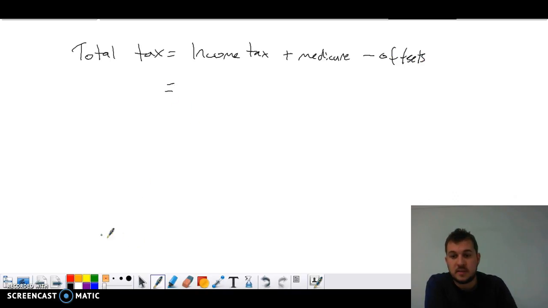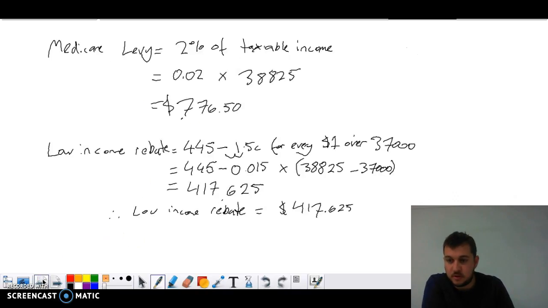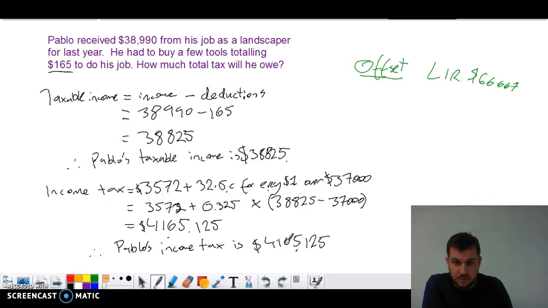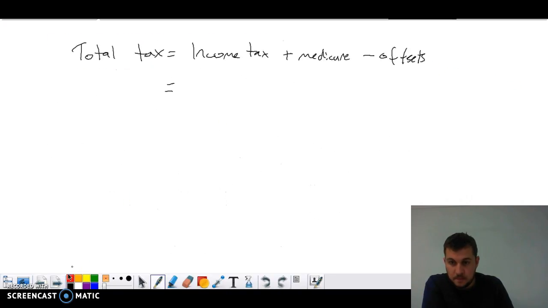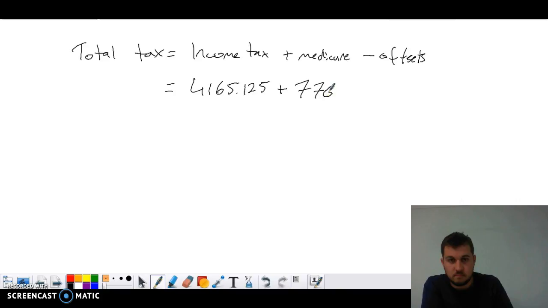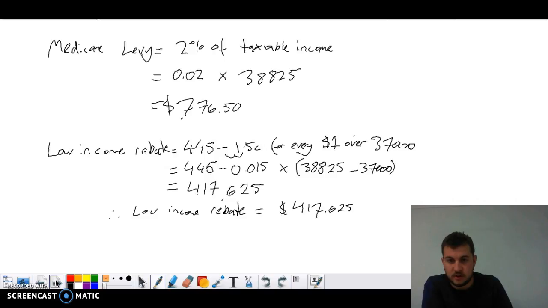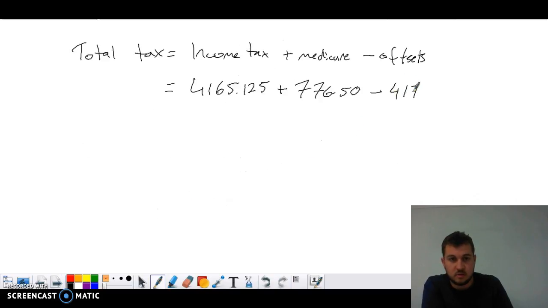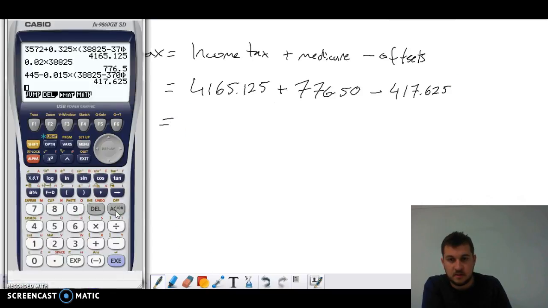His income tax, I'm going to jump 2 pages back because I can't remember, was $4,165.125. Here's Medicare, and I'm going to jump another page back, $776.50. And his offset was $417.625.